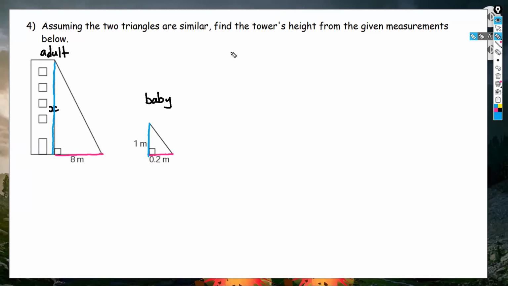The baby 0.2 gets divided by the 8, and the 1 gets divided by the X. Baby value divided by the adult value. For those who got it wrong, you at least have up to there. You can have it the other way around. The 1 on X could be on this side and the 0.2 on 8 could be on the other side.